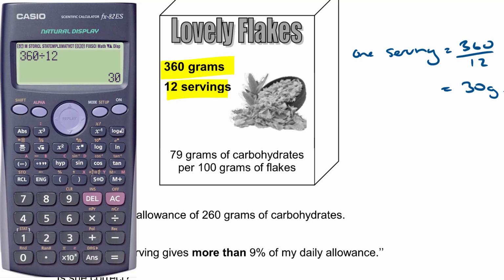Now there are 79 grams of carbohydrates per 100 grams of flakes. Well, she's not got 100 grams, she's got 30 grams. So carbohydrates in one serving is going to be 30 divided by 100 lots of 79.